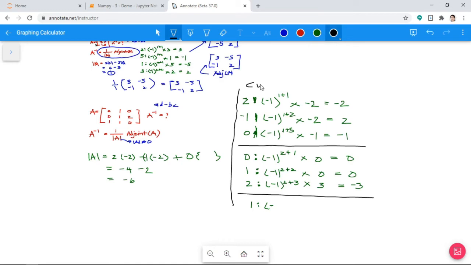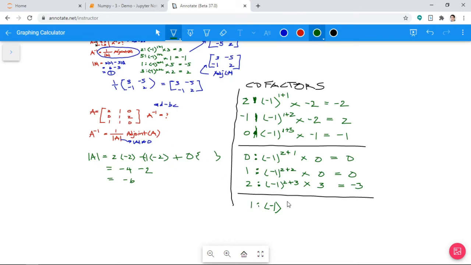So we're finding here the cofactors. Sorry for the bad handwriting. Okay, so finding here the cofactors. So this one is -1. Okay, we have this one. So 1, this one, -1.